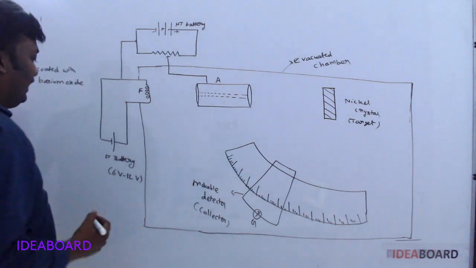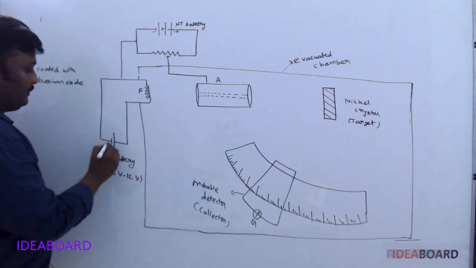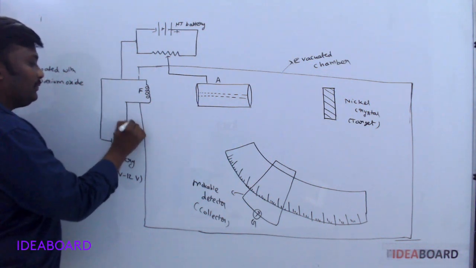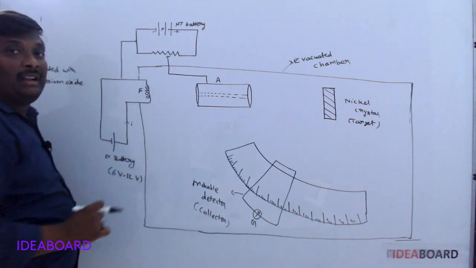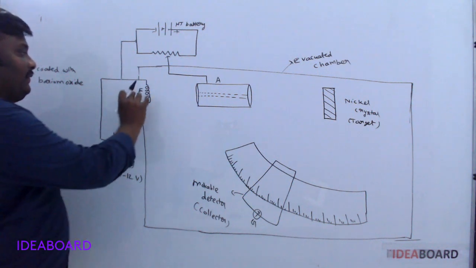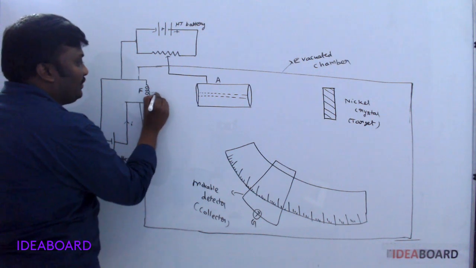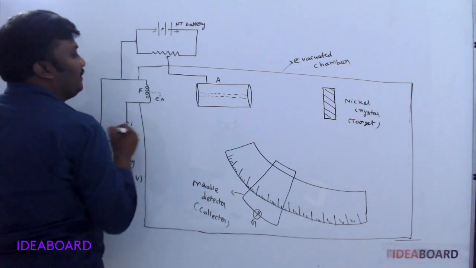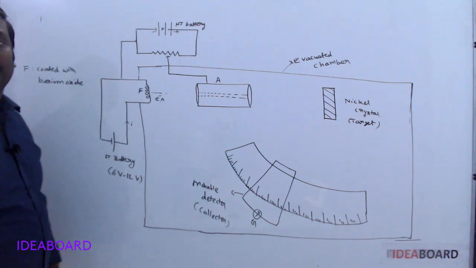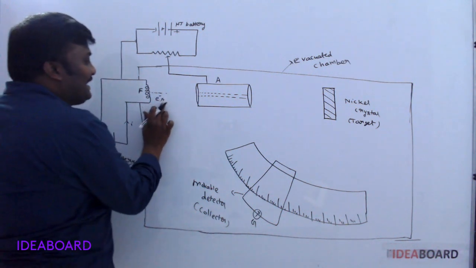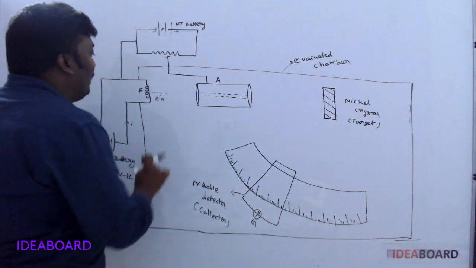Initially the battery is switched on, then current passes through the circuit. Whenever current passes through the circuit, the filament gets heated. Due to thermal agitation, electrons are released from the barium oxide layer. These electrons have very low velocity.